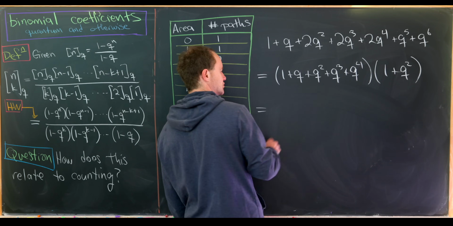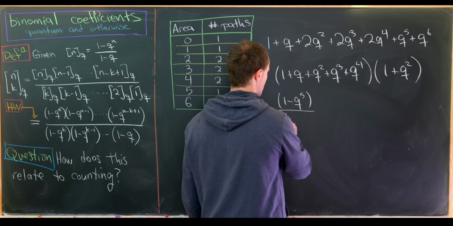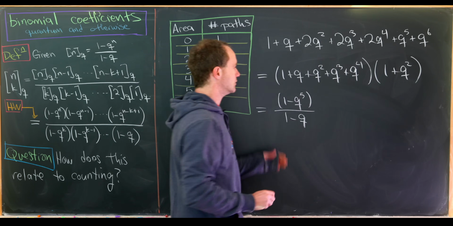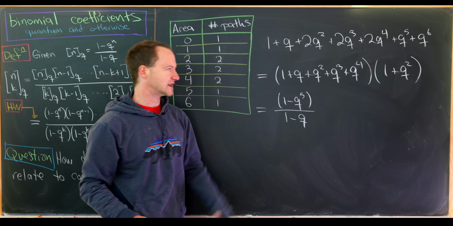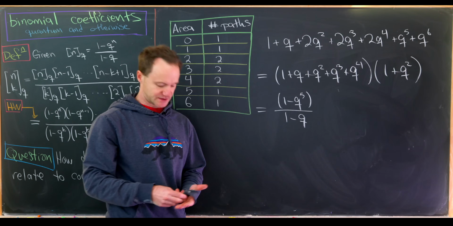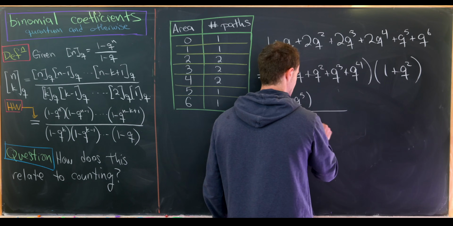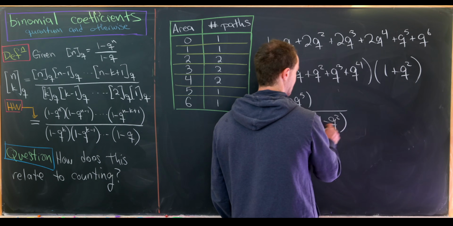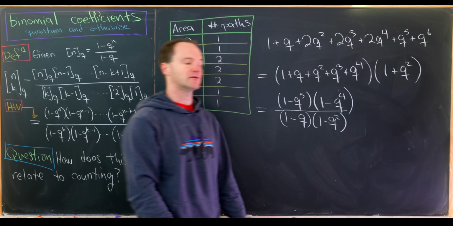That rational function will be (1 - q^5)/(1 - q). So that's what we get from multiplying this first term by (1 - q)/(1 - q). And then we can multiply the second term by (1 - q^2)/(1 - q^2). So that'll give us a 1 - q^2 in the denominator, and in the numerator, we'll have 1 - q^4.